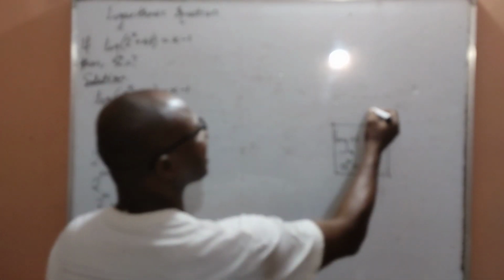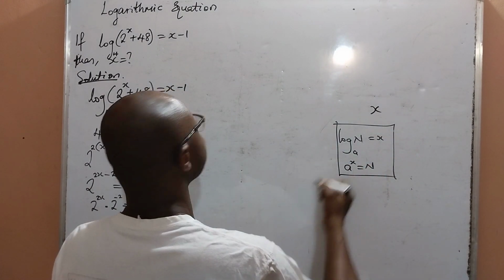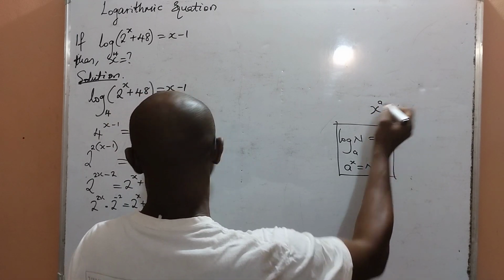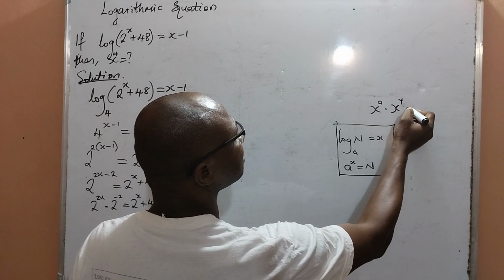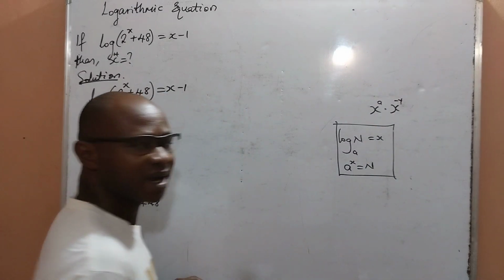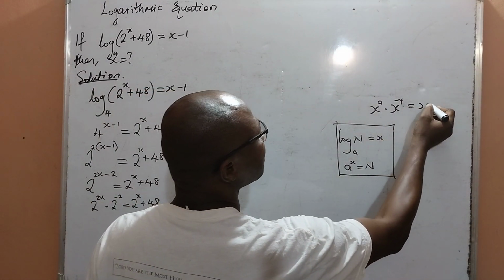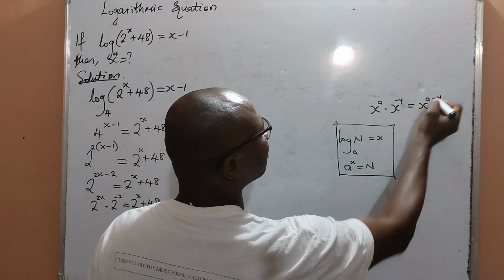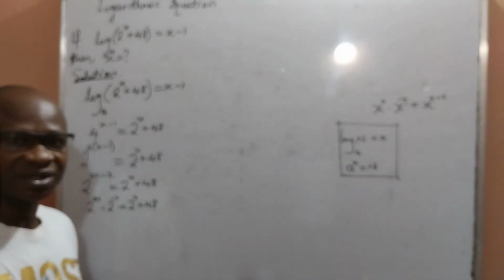That is, if I have x raised to the power a divided by x raised to the power y, it is the same thing as x raised to the power a minus y. Okay? This is very correct.